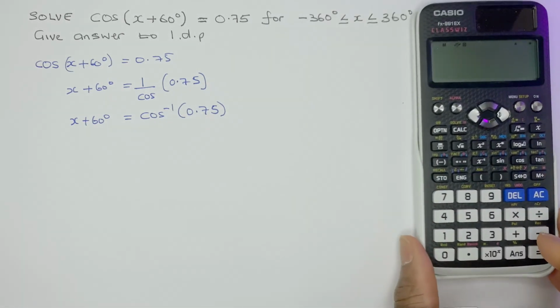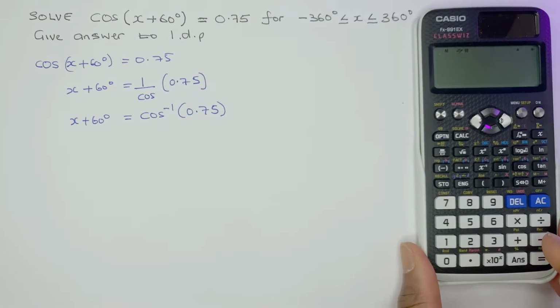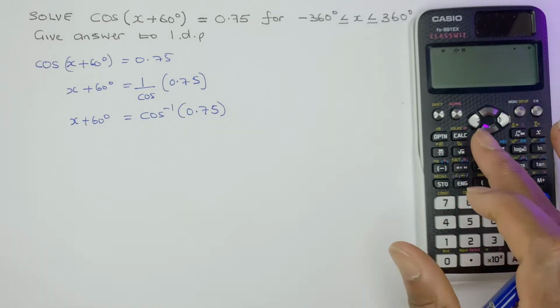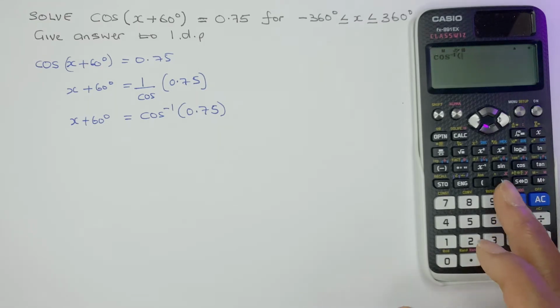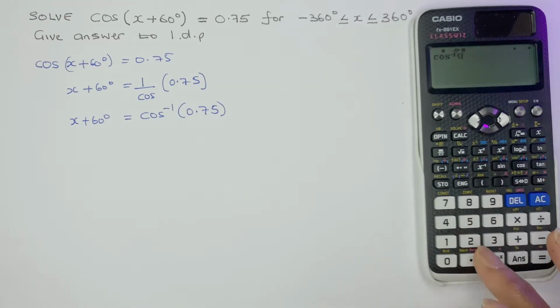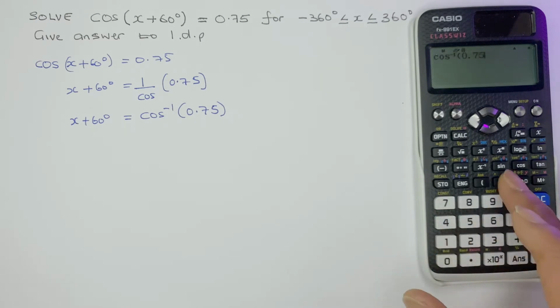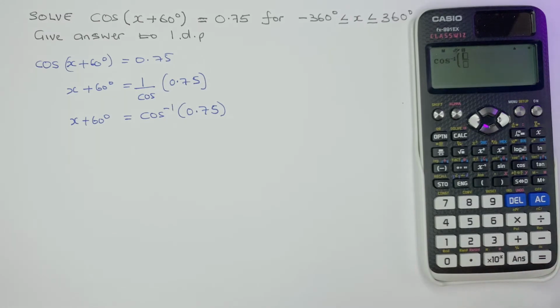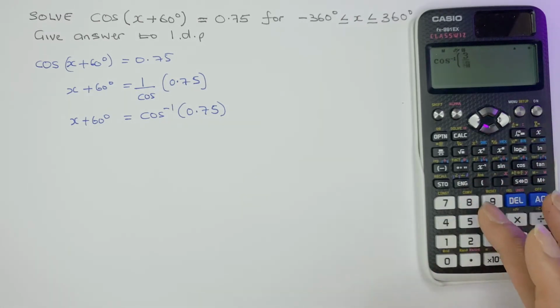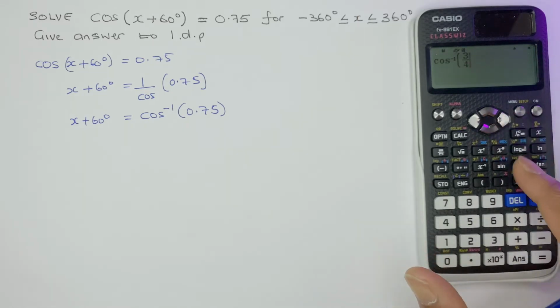So here's a calculator. Shift cosine 0.75, or if you're given that question as 3 over 4, you press the fraction key, 3 divided by 4. 3 divided by 4 is 0.75.